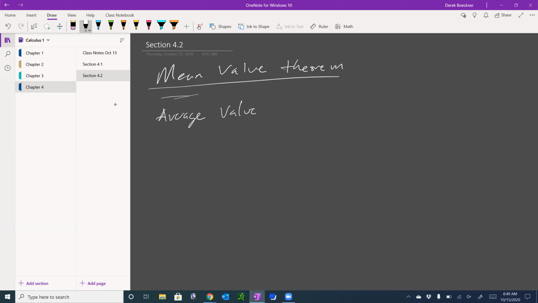So if I have a function something like this, and I'm starting here at time equals 1, and I'm ending at, say, time equals 5.